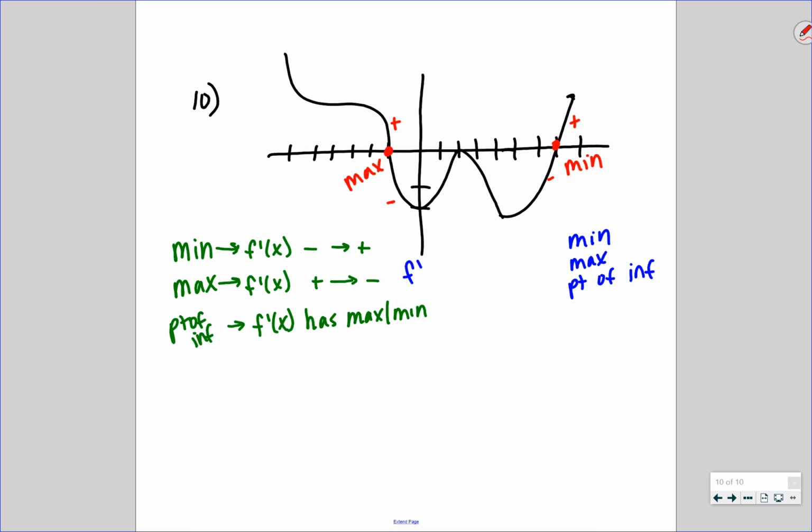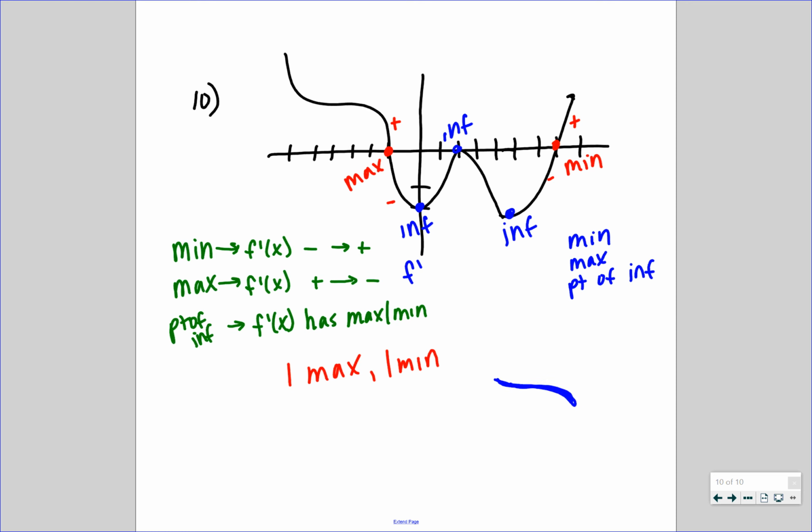So I'm looking for an answer that has one max, one min. And as far as points of inflection go, that would be any maximum or minimum that occurs on f prime. So here would be a point of inflection, here would be a point of inflection, and here would be a point of inflection. This little curvy thing over here is not actually a point of inflection because you don't change slope.